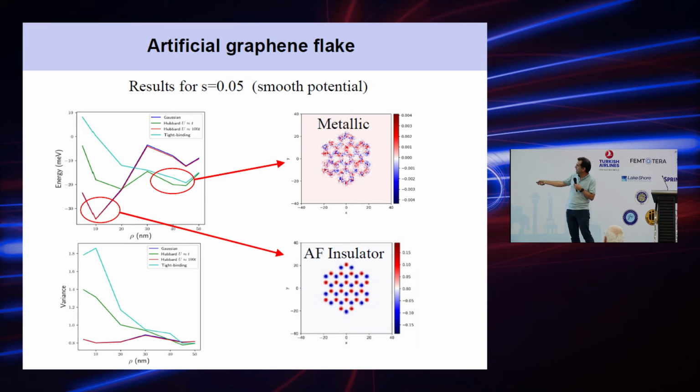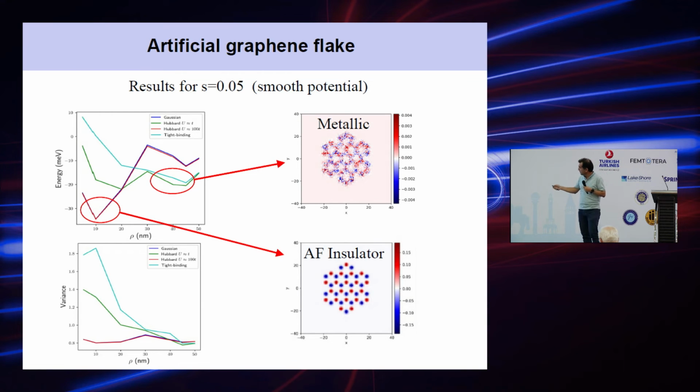Below 20 nanometers, the best results we get are from the Hubbard with large U. Lower energy means a better trial wave function, by the variational principle. But at high rho, now it's the Hubbard with small U that gives the best trial wave function.